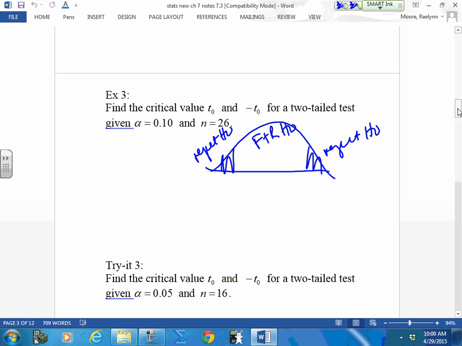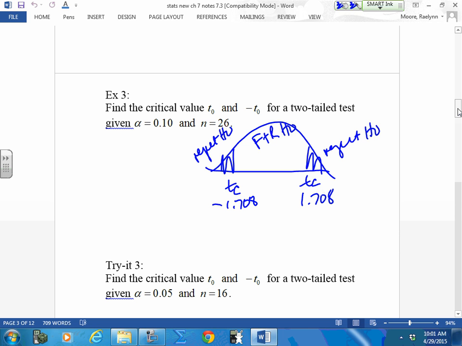Come down 25 and go across the 0.10. 1.708. So this guy is negative 1.708. This guy is positive 1.708. That's the only difference here. But they give you the column, 1 tail, 2 tail. They take care of taking your 0.10, dividing it by 2, and finding it.